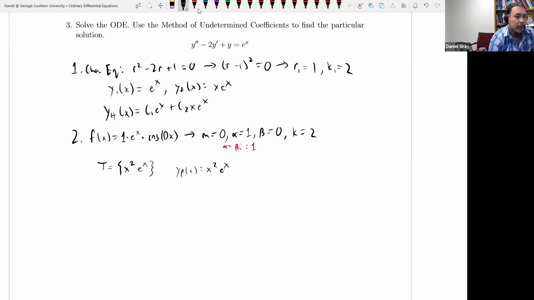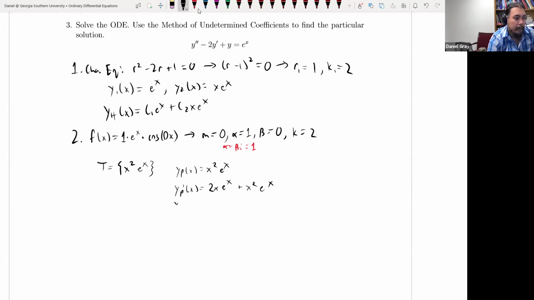Not terrible, right? Now we need to plug these into our differential equation, so we're going to need the derivatives as well. yp prime of x is going to be 2x e to the x plus x squared e to the x.